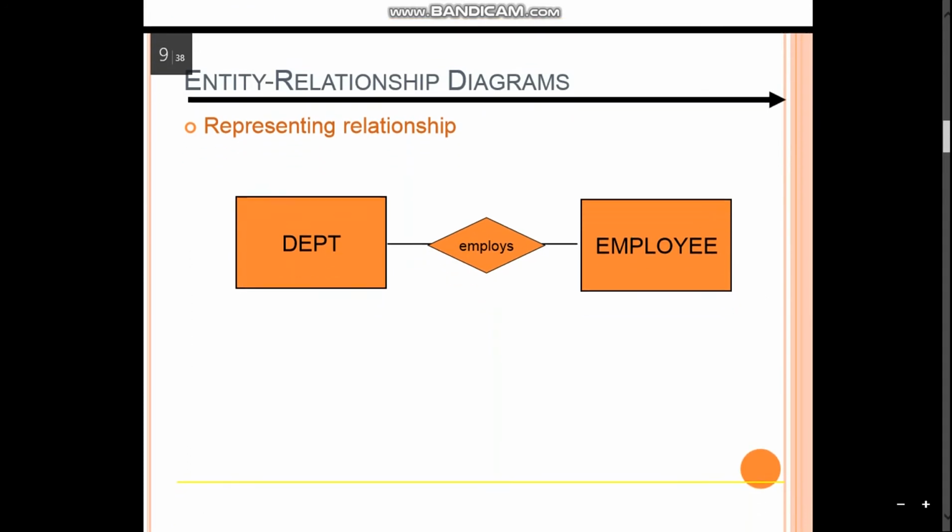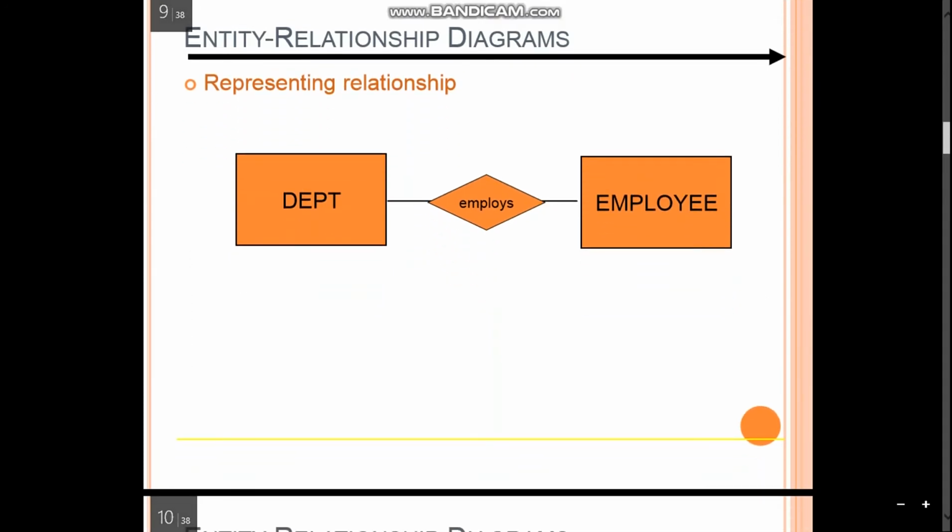Okay, representing relationship. आप relationship को कैसे represent कर सकते हैं? You will represent the relationship by the diamond symbol, and on both sides of the relationship there will be an entity.